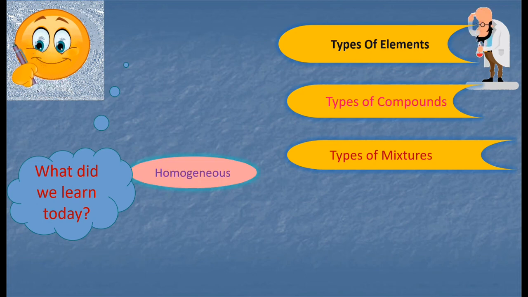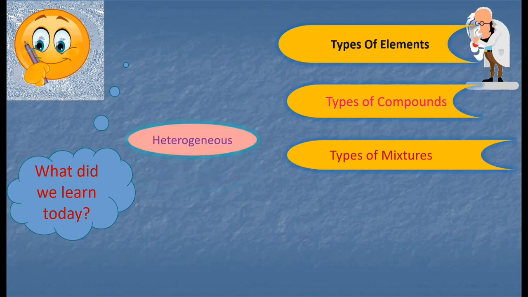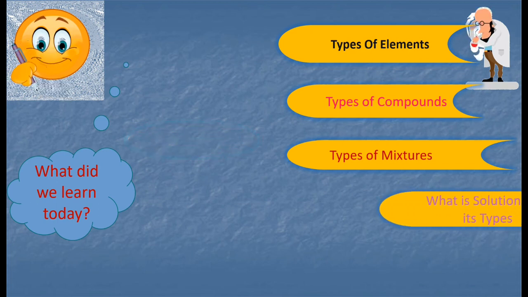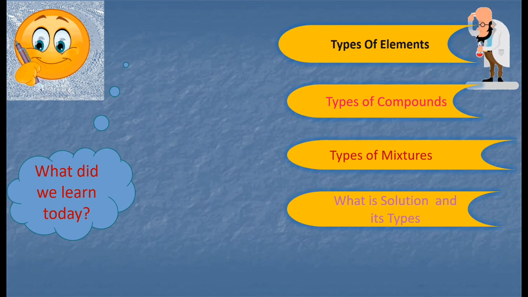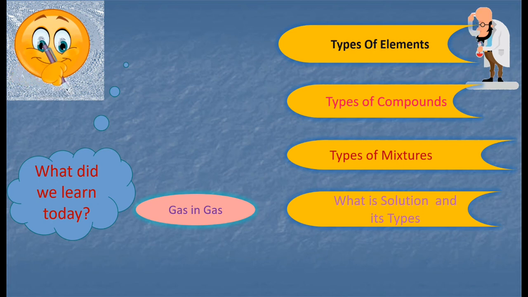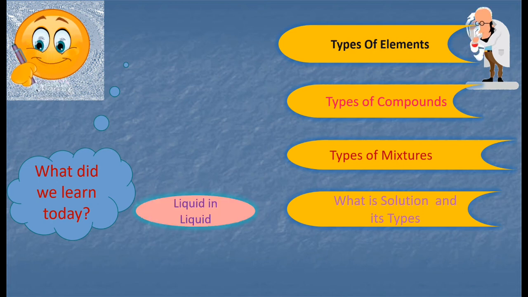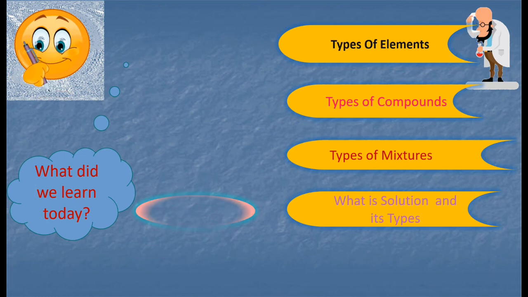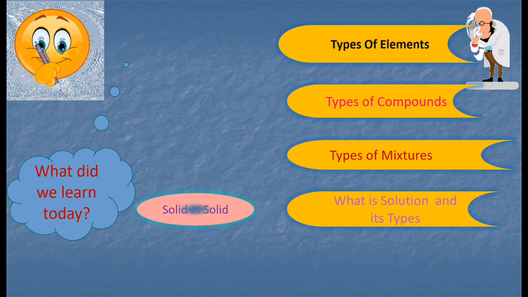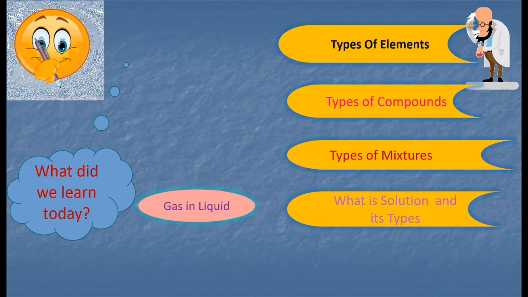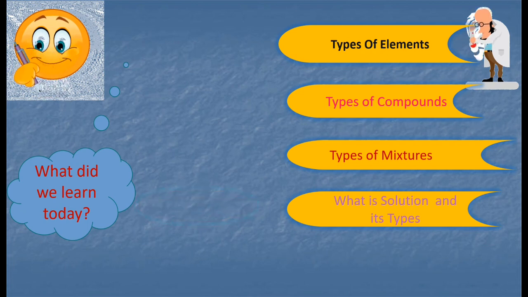We learned about homogeneous mixtures and heterogeneous mixtures. Then we learned what a solution is and its types: gas in gas, liquid in liquid, solid in solid, gas in liquid. Alright, so I hope this much is quite well understood by you.